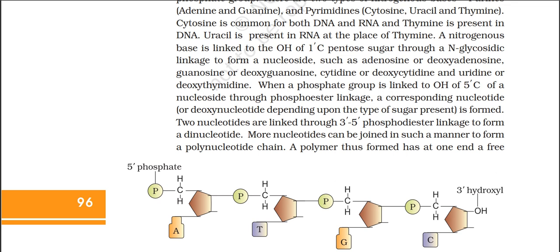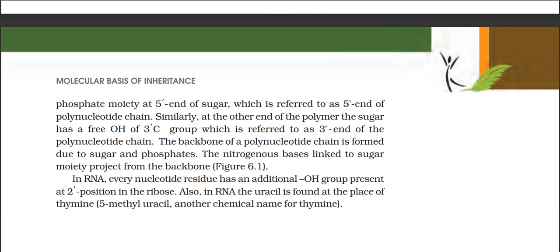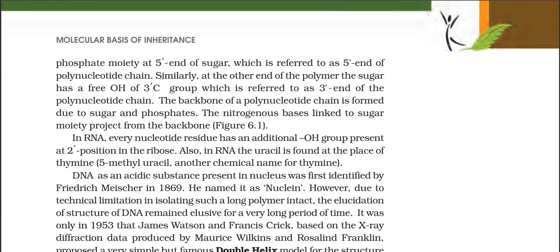A polymer thus formed has at one end a free phosphate moiety at the 5' end of sugar, which is referred to as the 5' end of the polynucleotide chain. Similarly, at the other end of the polymer the sugar has a free OH of 3' C group, which is referred to as the 3' end of the polynucleotide chain. The backbone of a polynucleotide chain is formed due to sugar and phosphates.